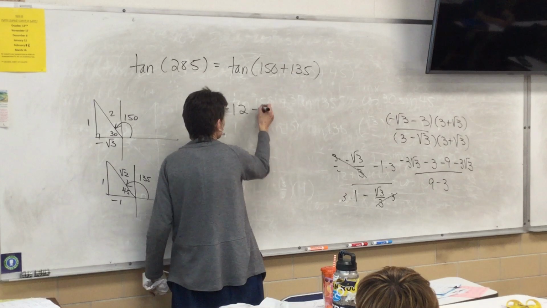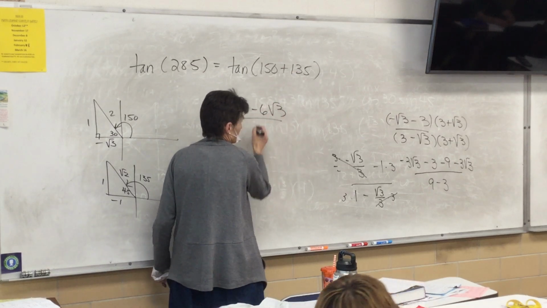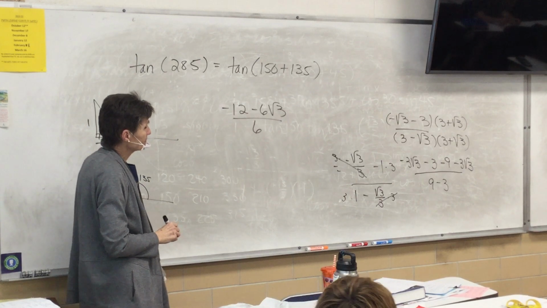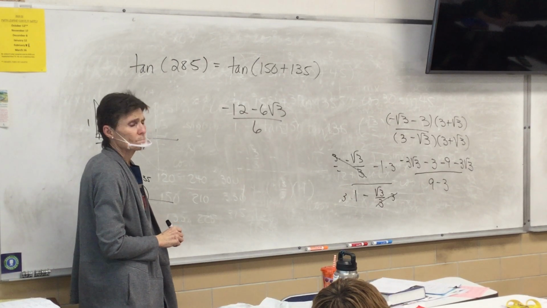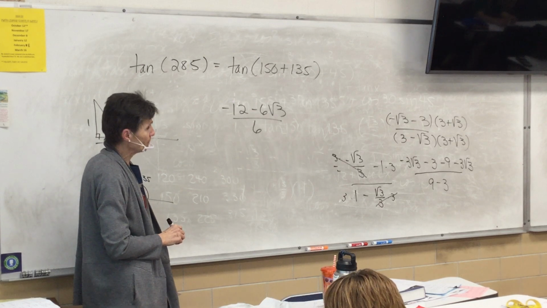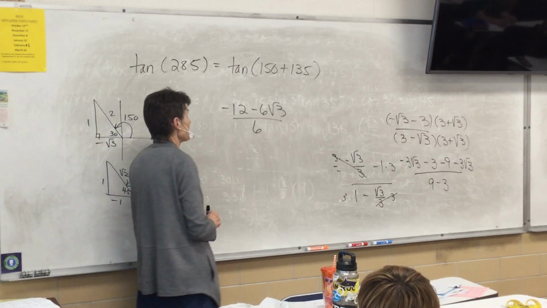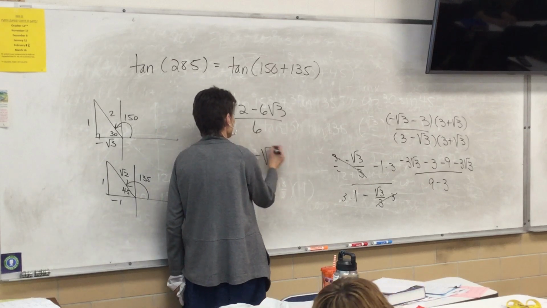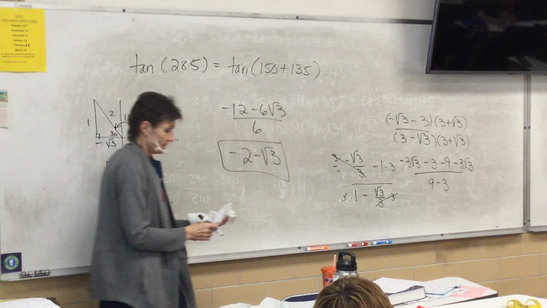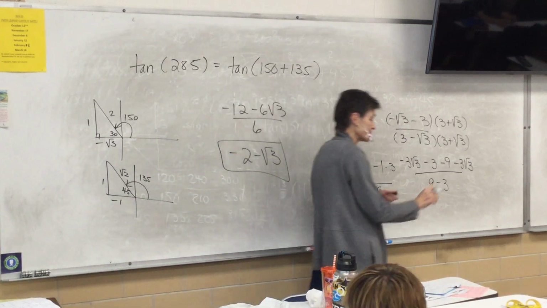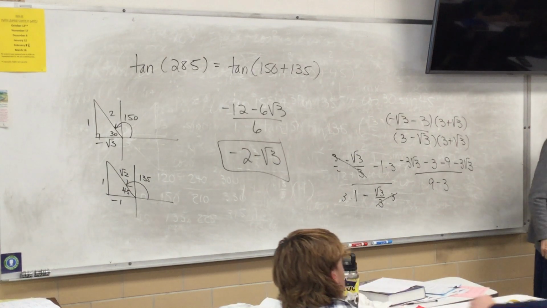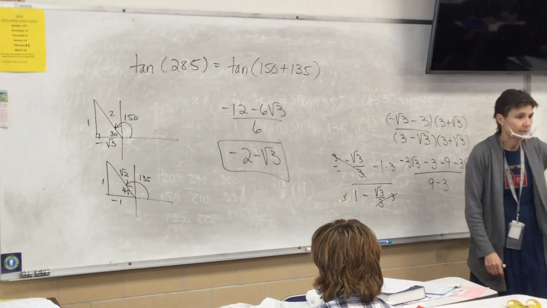Negative 12 minus 6 root 3 over 6, if I combine like terms. Anything happen with that? Take the 6 out, so negative 2 minus root 3, there it is. Now, about 30 seconds of that was trigonometry, all the rest of that was just arithmetic, dealing with the fractions and the radicals.